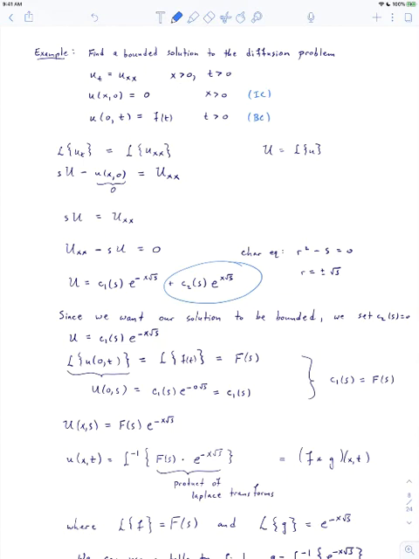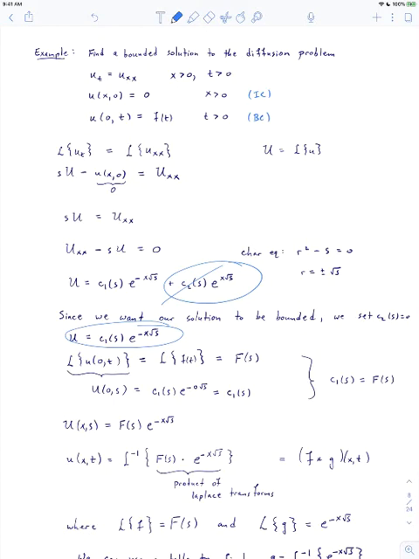So the only way that we can have a bounded function in the time domain that will have this as a Laplace transform is if we set c2 of s equal to 0. So that term goes away. That means capital U is just equal to this term. So it's C1 of s times e to the negative x times the square root of s. Now how do we figure out what C1 is?